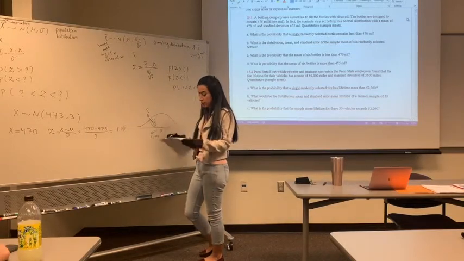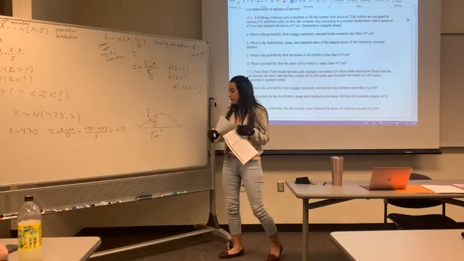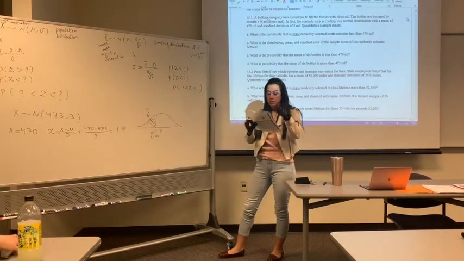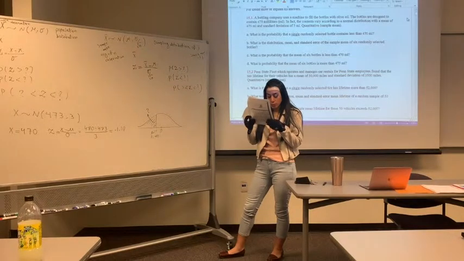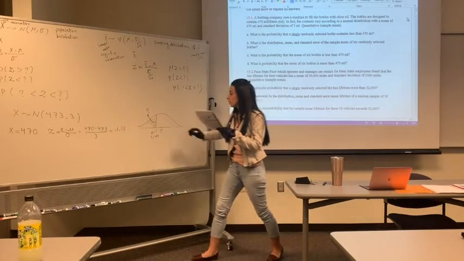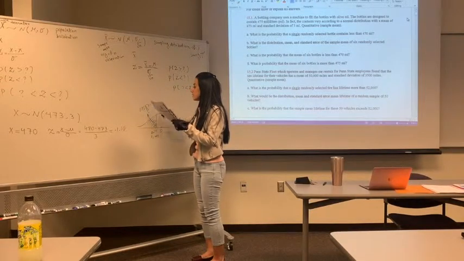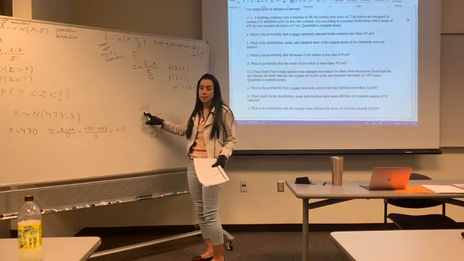So how do we find this? From table A, page 1, because our z is a negative value, right? We look up the z value and we have this number, 0.1587. This is the probability, correct?